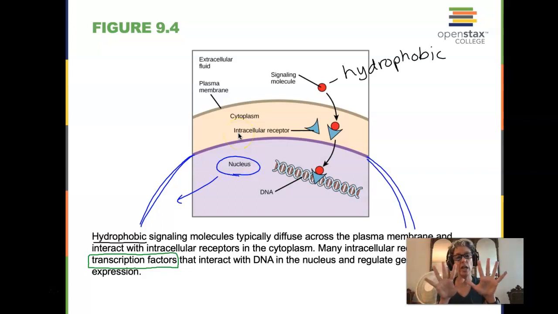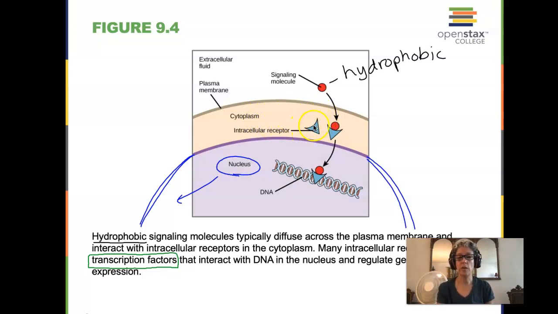It is not sticking out on the surface. The signaling molecule that has been secreted possibly by another cell in the case of a paracrine signal could be an autocrine cell signal if it came from this. In either case, the receptor in this situation is actually in the cytoplasm of the receiving cell.